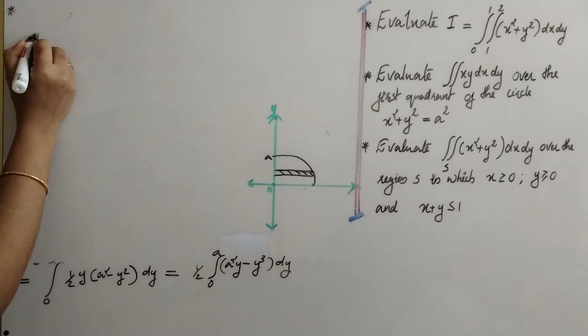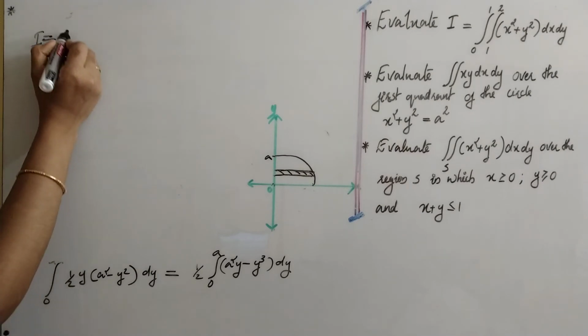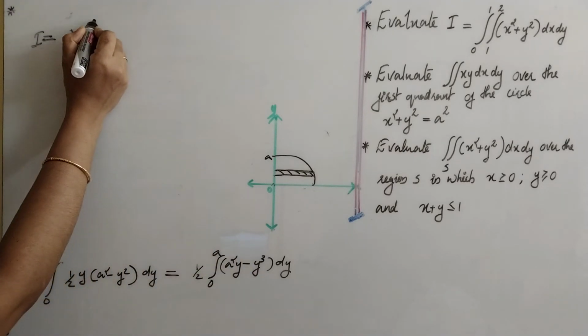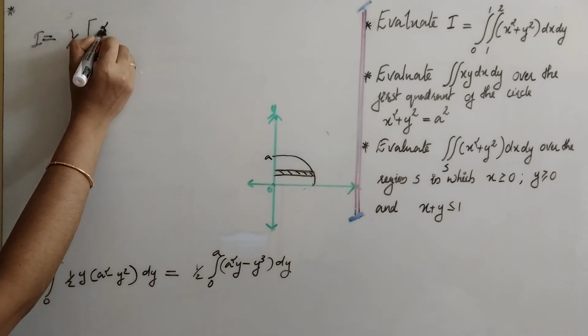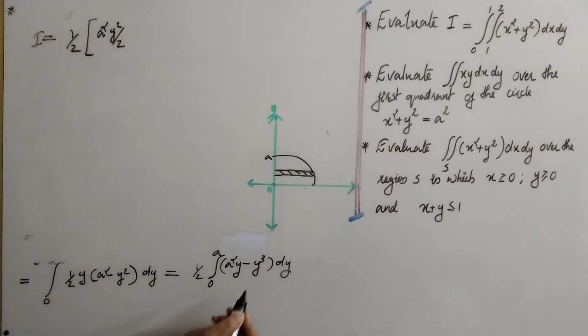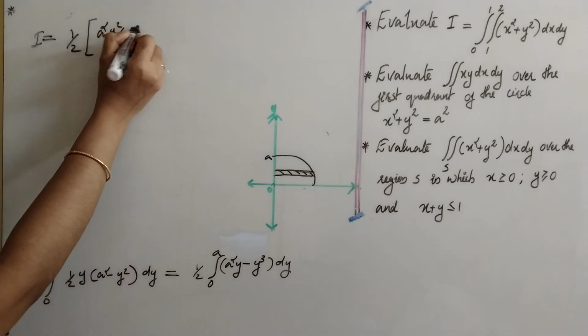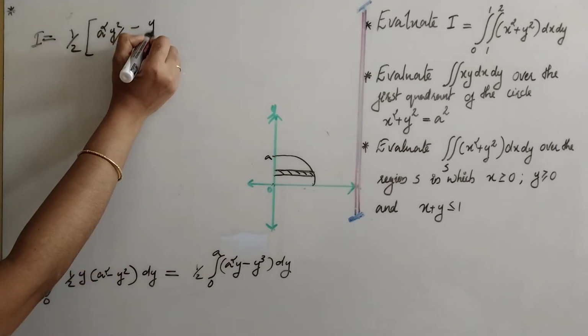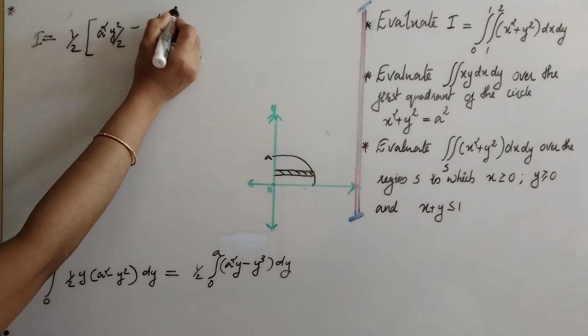So I is equal to 1 by 2 into integral. Integral a square y dy is a square y square by 2, minus integral y cube dy, which is y raised to 4 by 4.